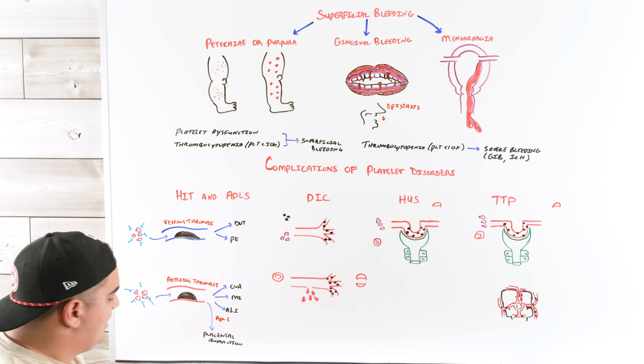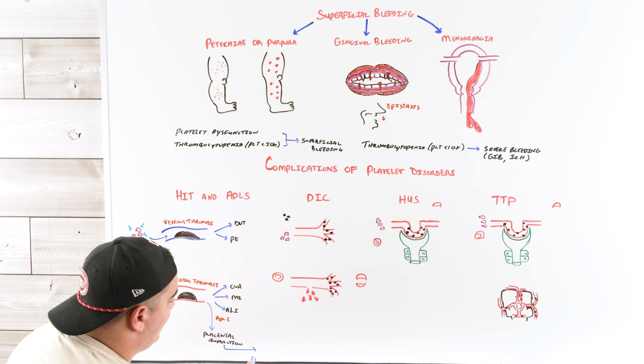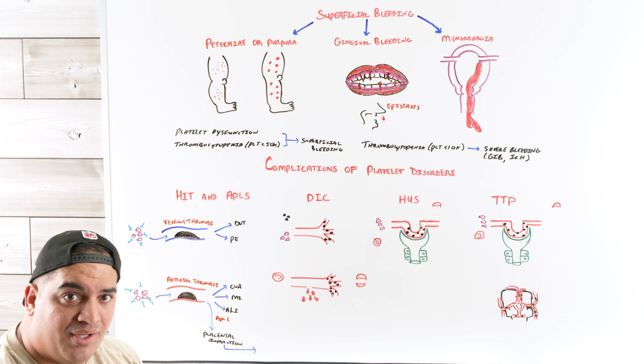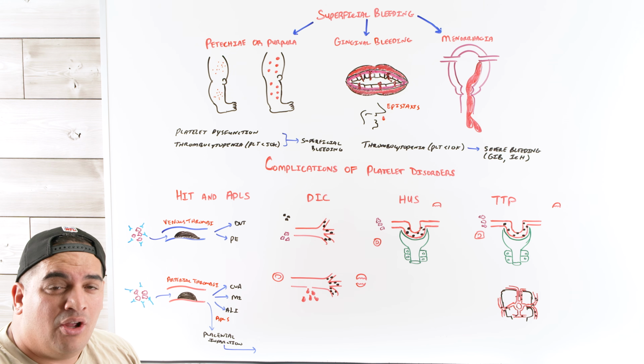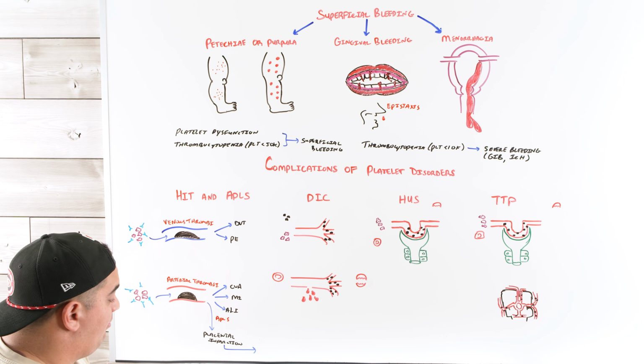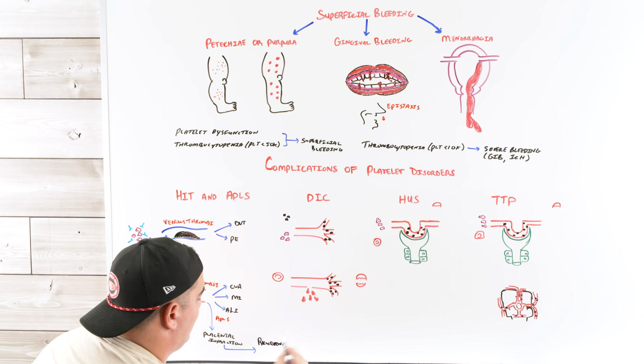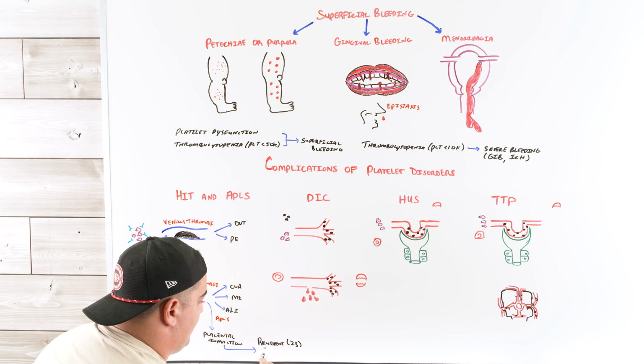And the problem with placental infarction is that this can lead to recurrent miscarriages or spontaneous abortions, at least 3 or more within the first 10 weeks of pregnancy. And so this can lead to recurrent, and we often say greater than or equal to 3, spontaneous abortions.